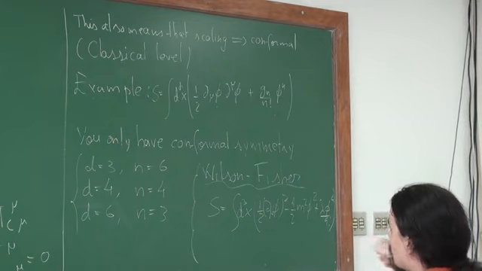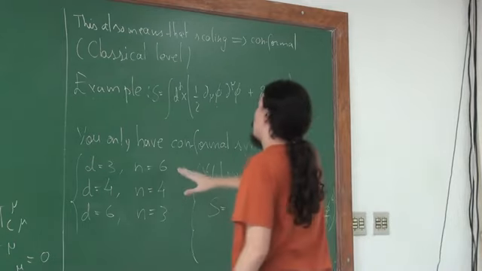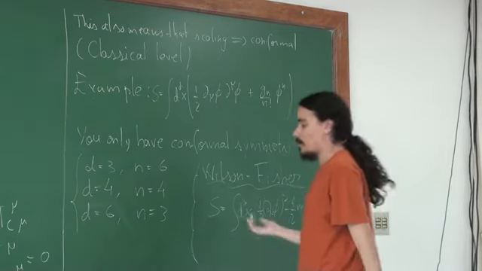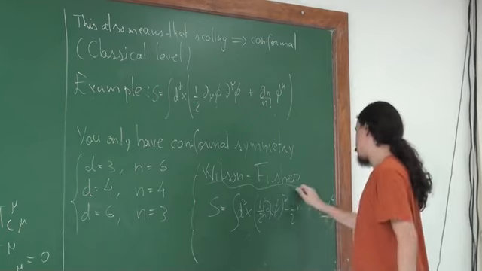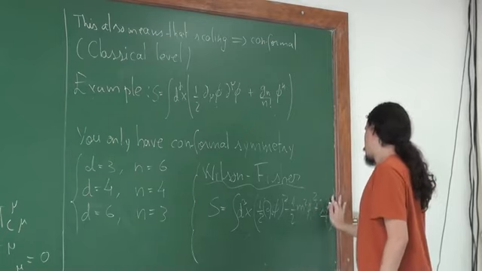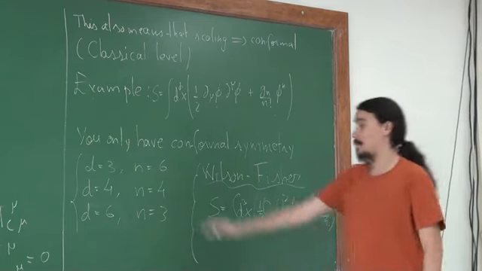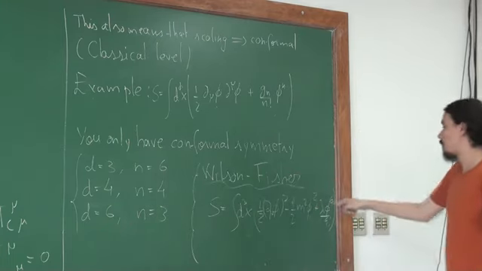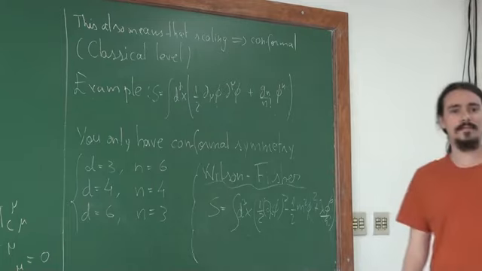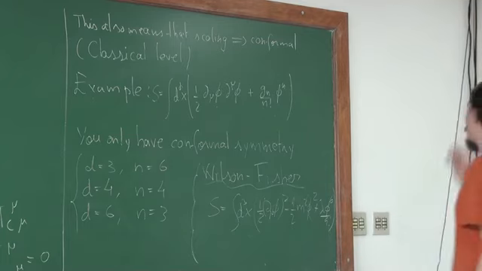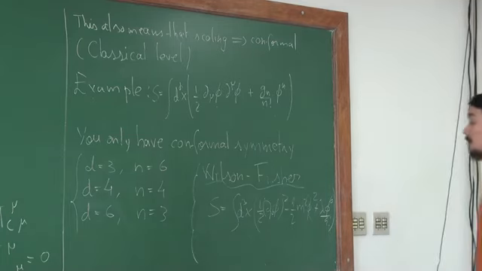Yeah. The point is that this classical analysis here, say I did not have the mass, and here I put this case here. Okay, 3 dimensions with a phi to the 6 potential.